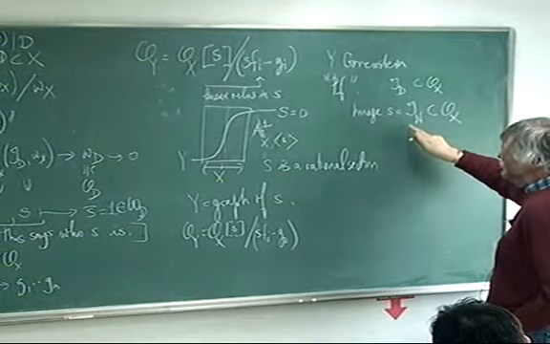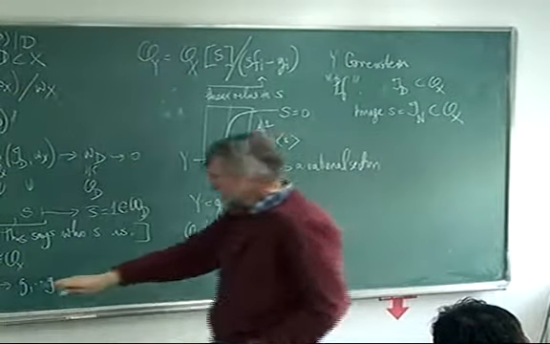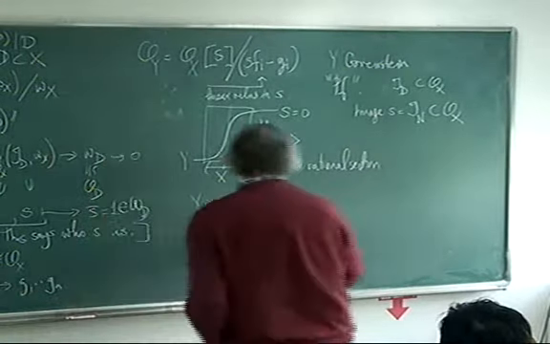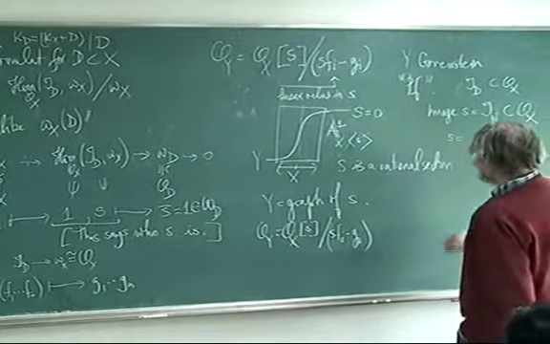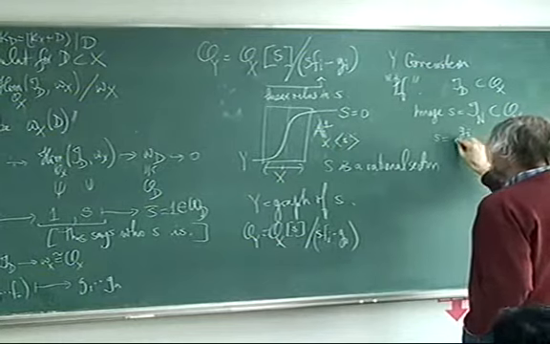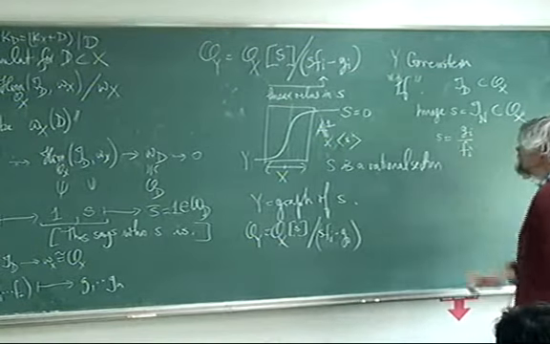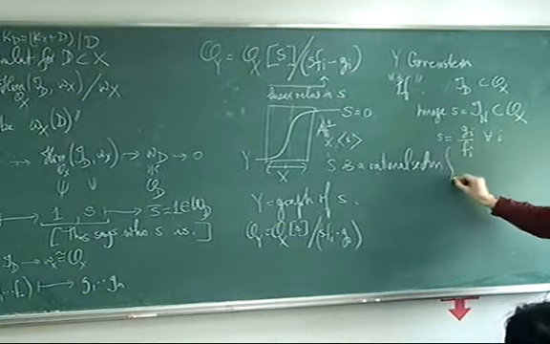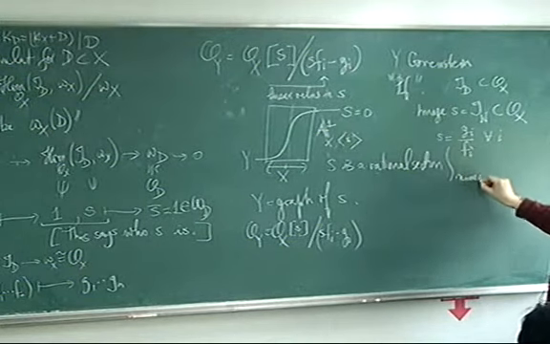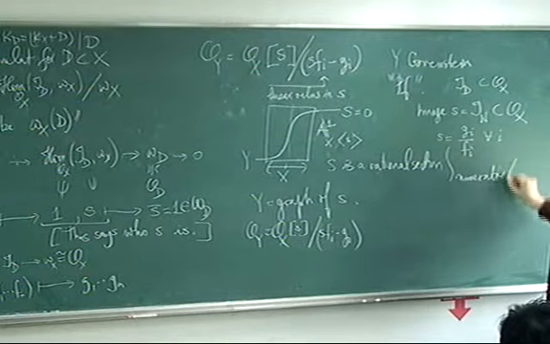The thing I'm really thinking here is that S is Gi over Fi for all i, numerator over denominator.